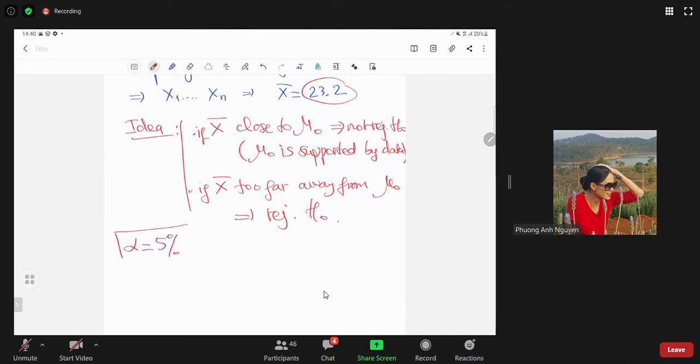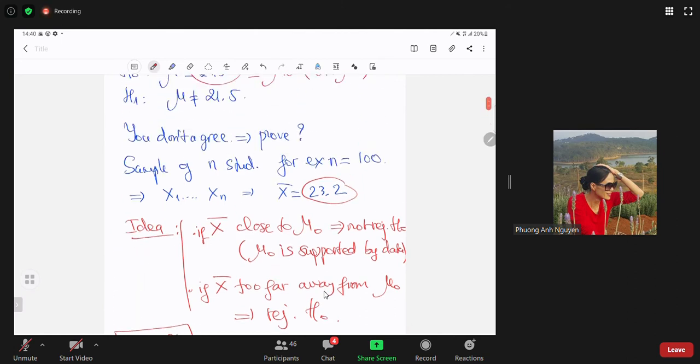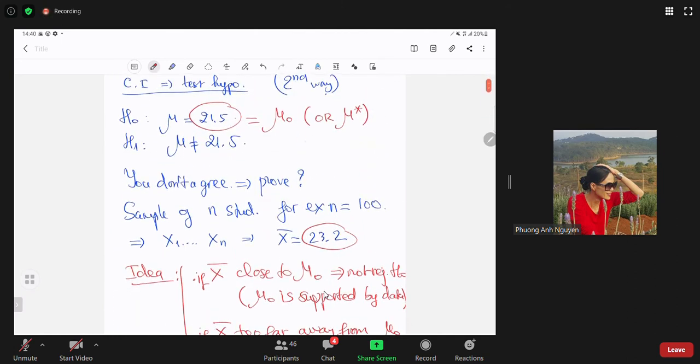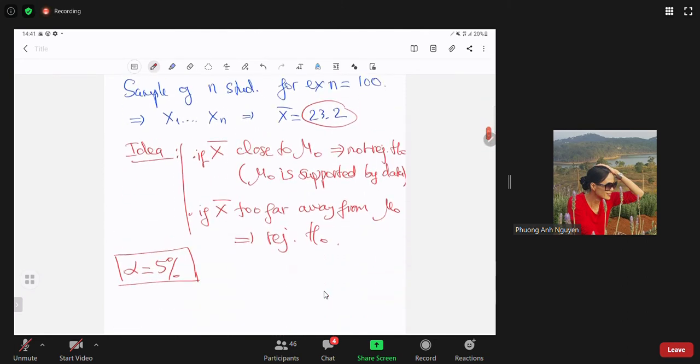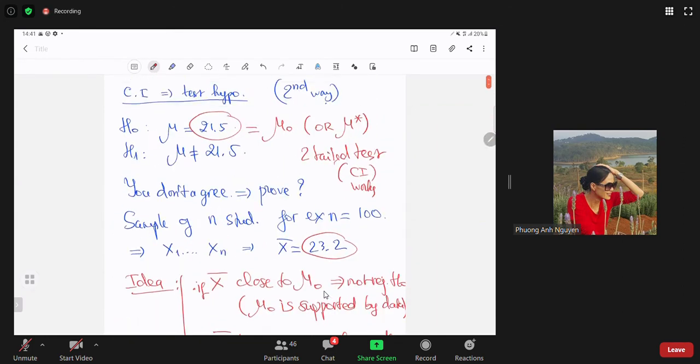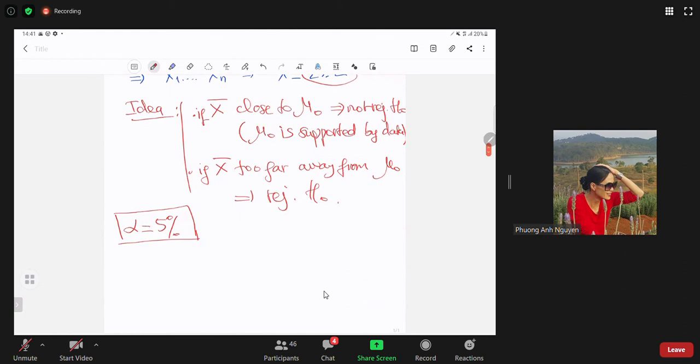After looking at this, you know that it's a two-tailed test, so I can use the confidence interval to test the hypothesis. If I want to test at 5%, I have to look at the confidence interval at 95% confidence level.